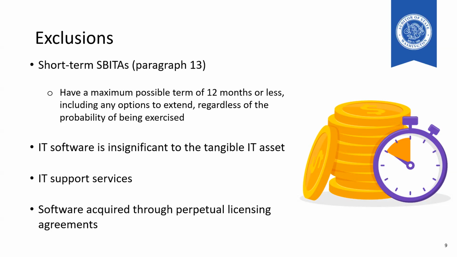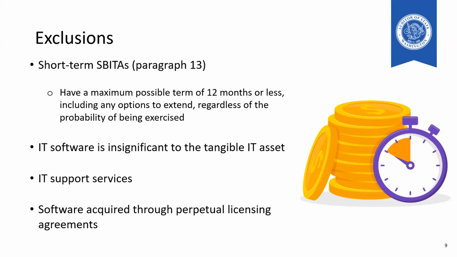The next exclusion is if you have a situation where your contract is for a tangible asset that also has a software component, and that software is insignificant to the overall asset. An example of that would be leasing a smart copier, where you have the tangible capital asset, the copier, that also has that IT software component.